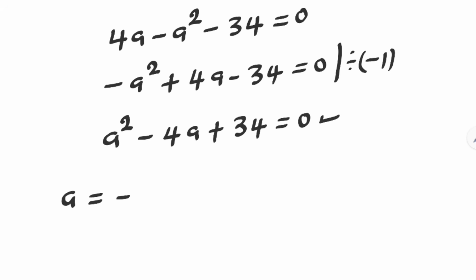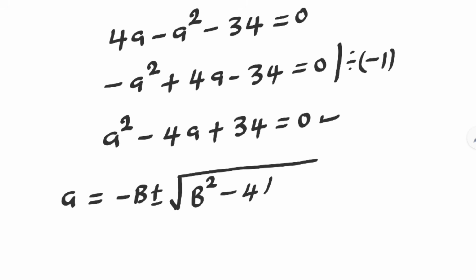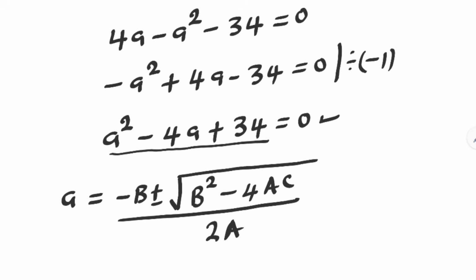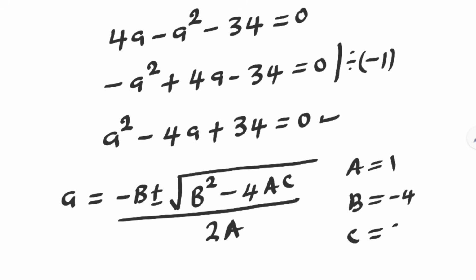A is equal to minus B plus or minus square root of B square minus 4AC divided by 2A. And from this given equation, A is equal to 1, B is equal to minus 4, C is equal to 34.